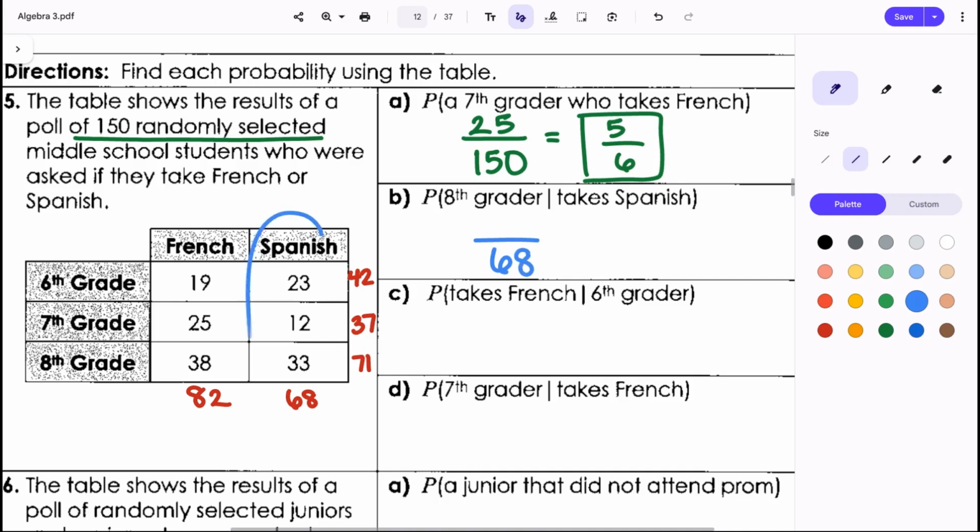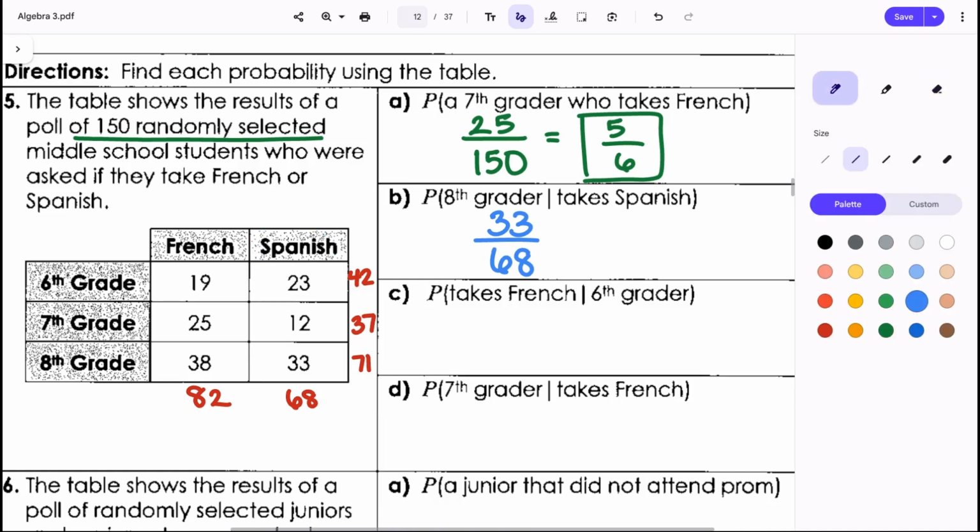And in this column here, because that's where we got our 68 from, how many are in 8th grade? 33. And I don't think that can reduce. Unless I'm wrong. If I am, tell me. Can it reduce? No? Okay.